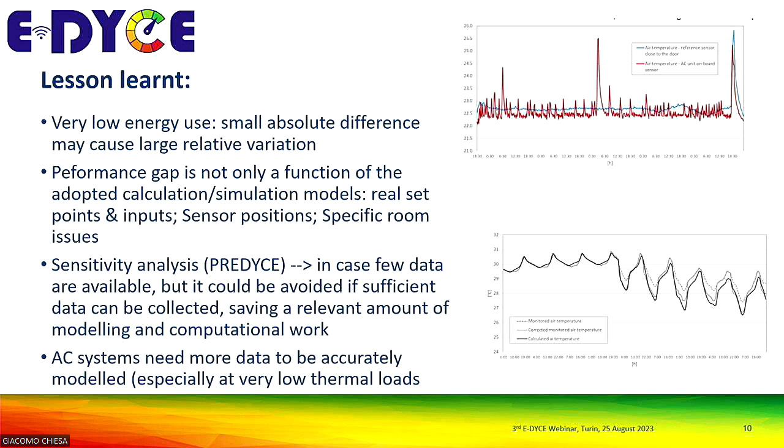Besides this, we found that the performance gap, which is almost always attributed to the quality of the simulation, also depends on what happens inside the building, like the real set points against the fixed ones, the position of the sensor inside the room, and some other issues typical of the room where we are working.